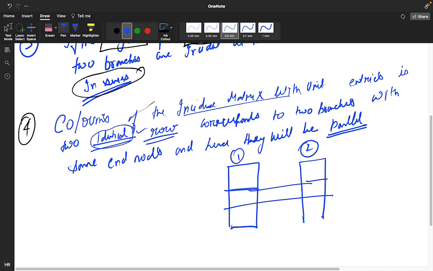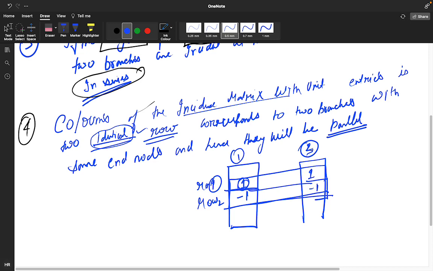So what the statement is saying, a column of the incidence matrix with entries in 2 identical rows. Yeah, like this. So this is my row 1, I am assuming, and this is my row 2. If here also the value is coming 1, and you are getting -1 here and here, so it's showing identical.